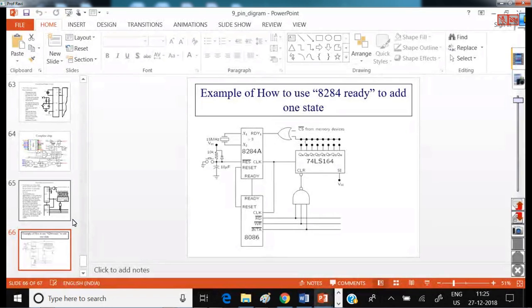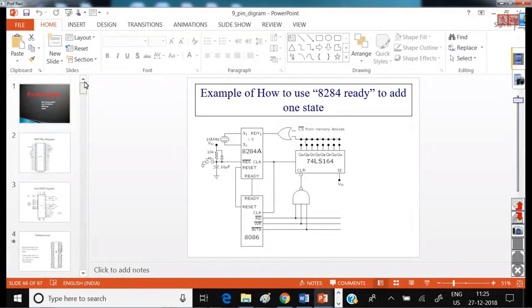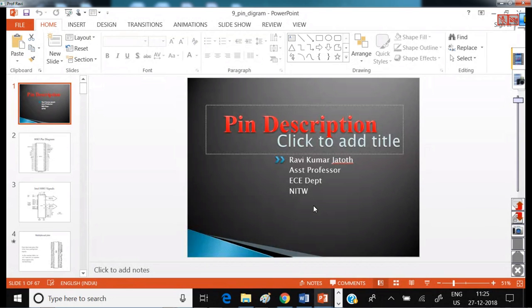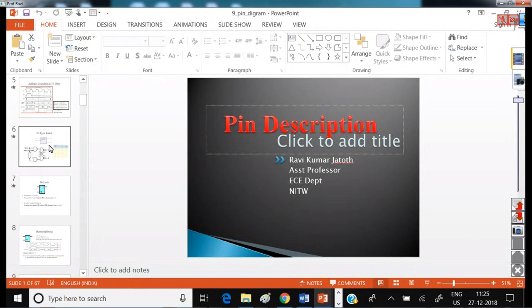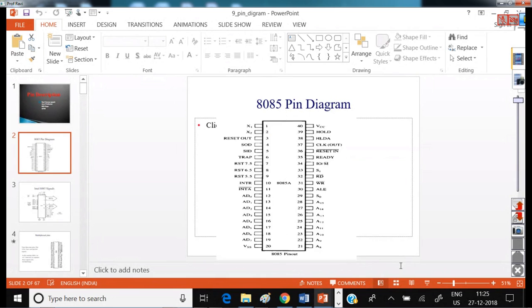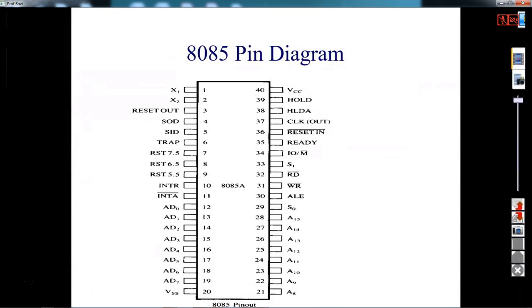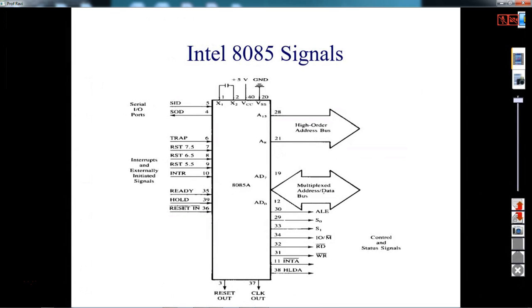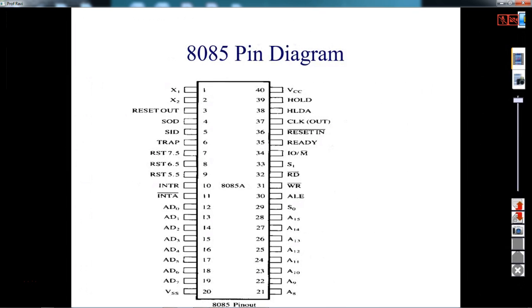Now let us try to see the pin diagram of 8085. This is the pin diagram of 8085. Anyhow, this is not in the syllabus, but it is an easy way of understanding how these 40 pins are organized. If you can understand 8085, 8086 becomes very easy.